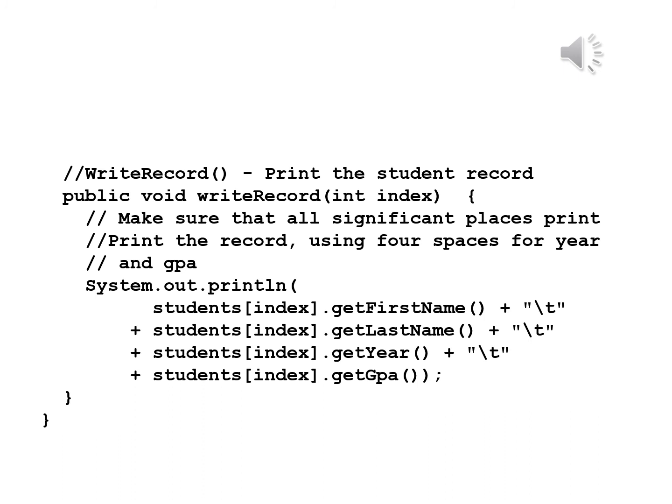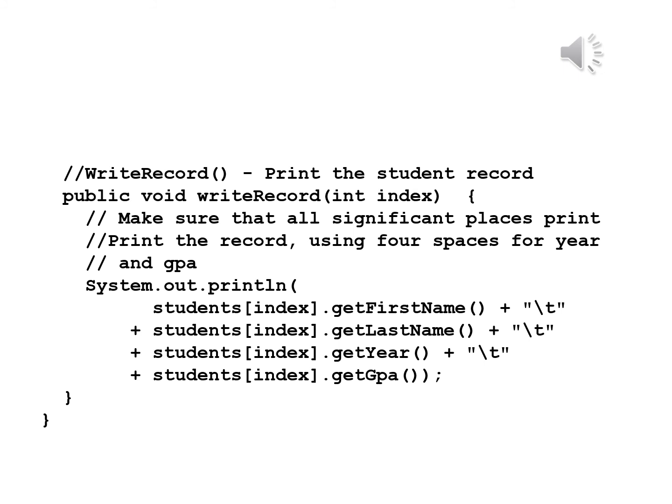System.out.println students sub index dot get first name, and then a tab. Students sub index dot get last name, and a tab. Students sub index dot get year, and a tab. Students sub index dot get GPA, and a tab.